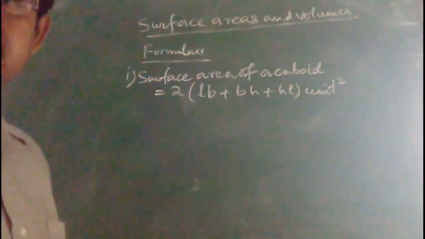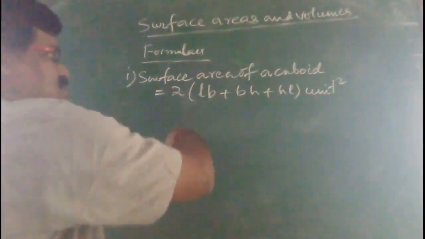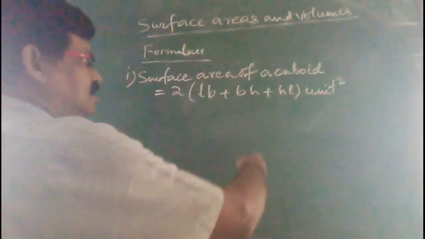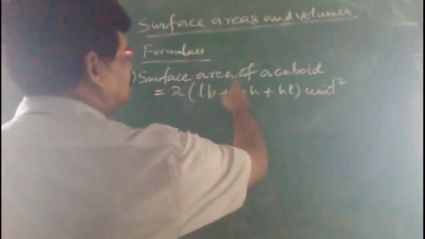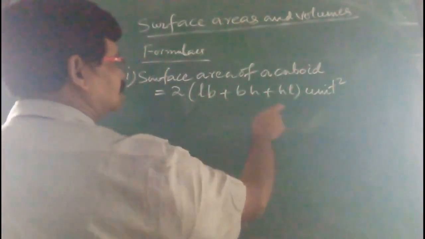L means length, B means breadth and H means height. This is the surface area of a cuboid.